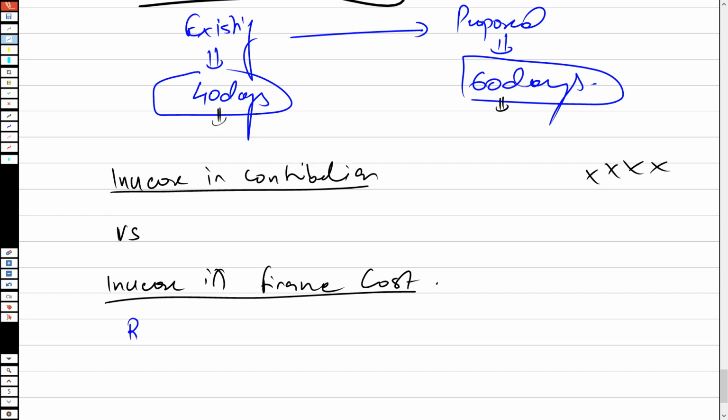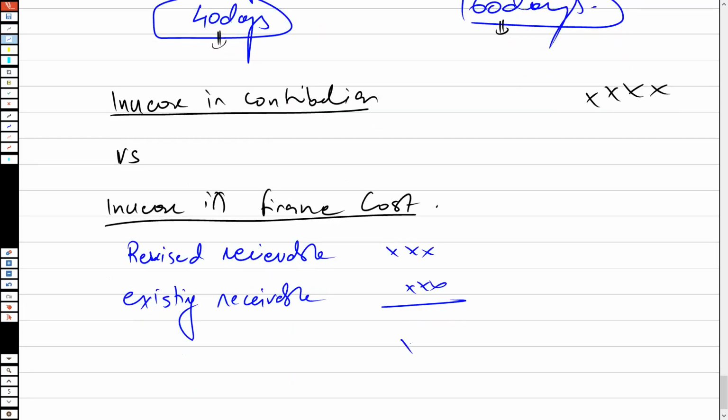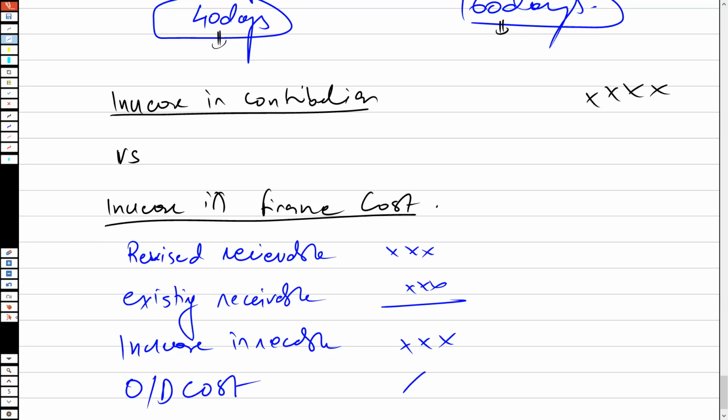The increase in finance cost is going to be like this. You would take the revised receivable, the existing receivable, and the increase in receivable, and the OD cost is going to be X percentage.